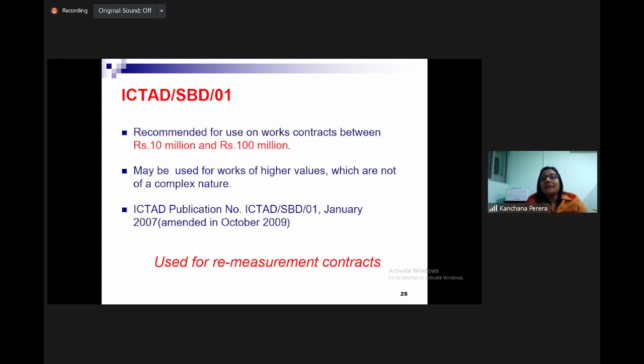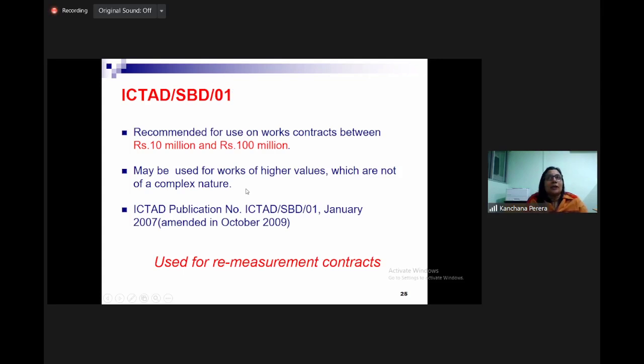For example, if we have a housing project where one house construction costs 50 million, and there are 4 houses, we can justify that the complexity is that of 50 million per house. Even though the total is more than 100 million of repetitive work, we can go for SBD 01 by justifying it.